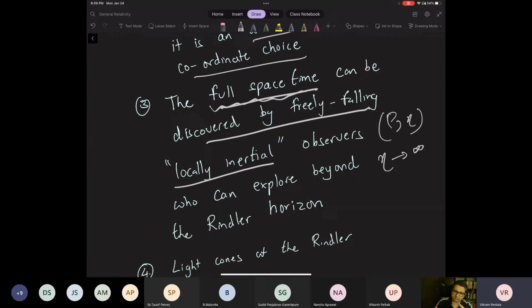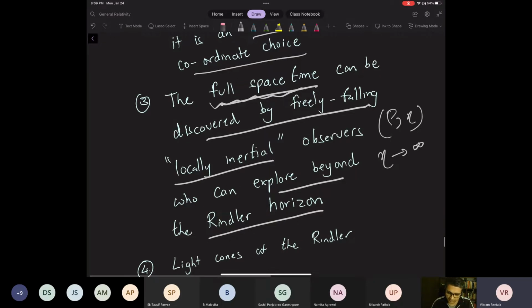In some region of space-time, they are like inertial observers, and they can explore beyond these kind of horizons. So the freely falling observers can explore the entire space-time by just not doing anything. They will end up exploring the full space-time, whereas the Rindler observers will not. The accelerated observers may not see the full space-time.